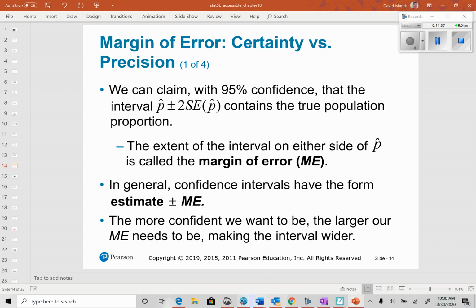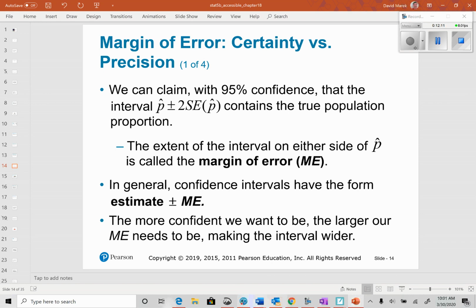And again, if we actually do have any elections coming up, you'll hear that phrase over and over again. That's from the center to either side. The estimate plus or minus the margin of error: you'll hear, well, he's favored 54% here with a margin of error of plus or minus 3%.